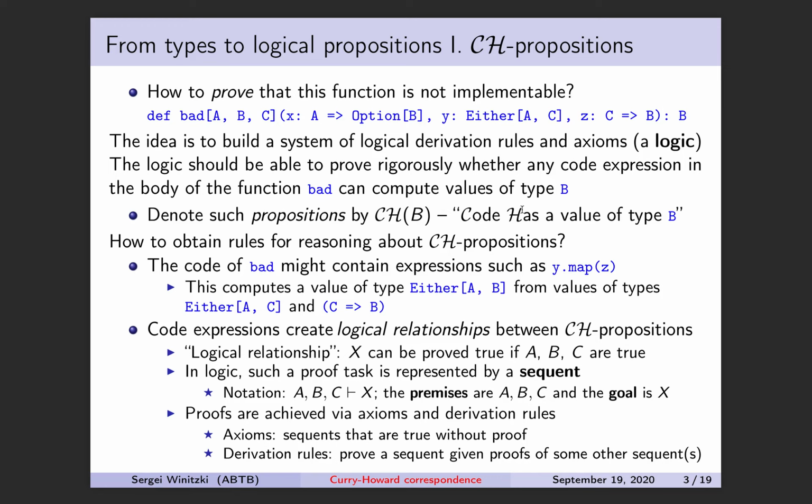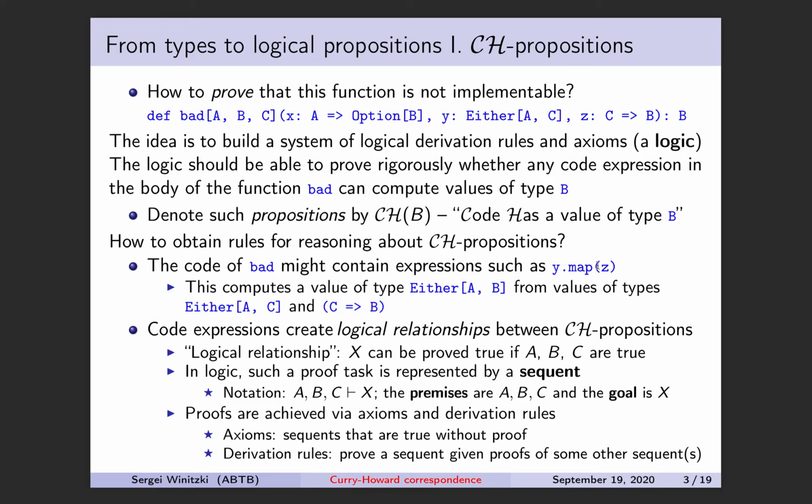Now, how do we go about that? The only way of writing code for this function is to write expressions, so specifically expressions like this. We are using a Scala function map, but imagine this is written out in terms of some pattern matching, some basic code, which computes a value of type Either A B from values of type Either A C and the function C to B. So that is what is happening here.